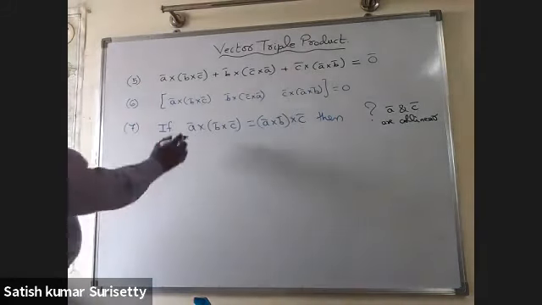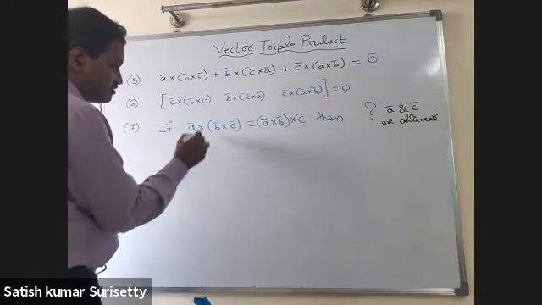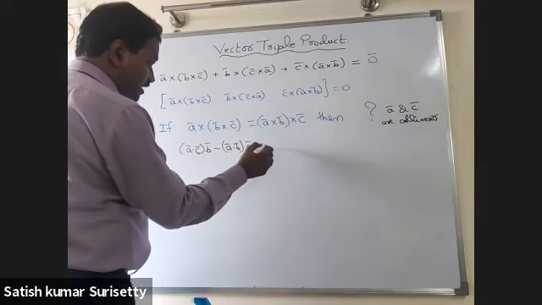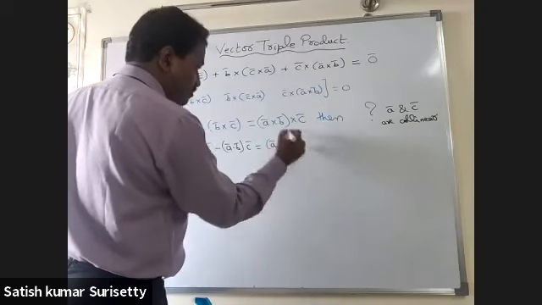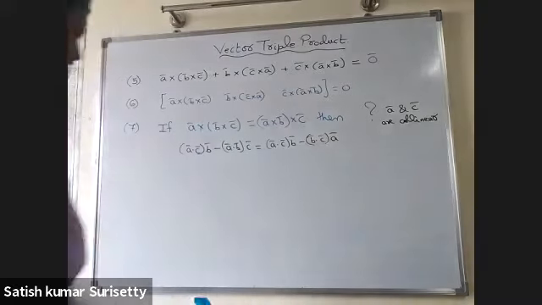Now let us see. This will be the same as A bar dot C bar into B bar minus A bar dot B bar into C bar. Here, A bar dot C bar into B bar minus B bar dot C bar into A bar. Check, does anything get cancelled?